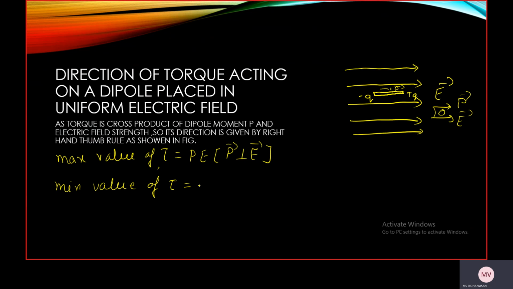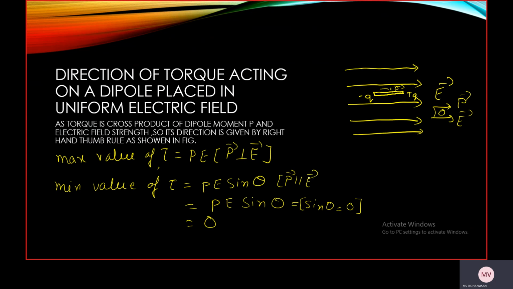So if we put torque is equal to P E sine theta, here P E sine 0 will be equal to 0. Why? Because sine 0 is 0. So we will say that torque will be minimum when P is parallel to E. First is this case.